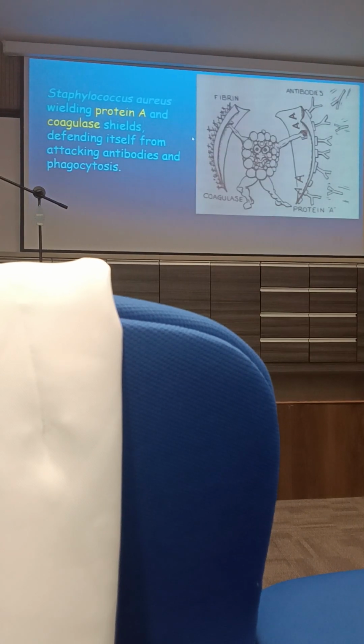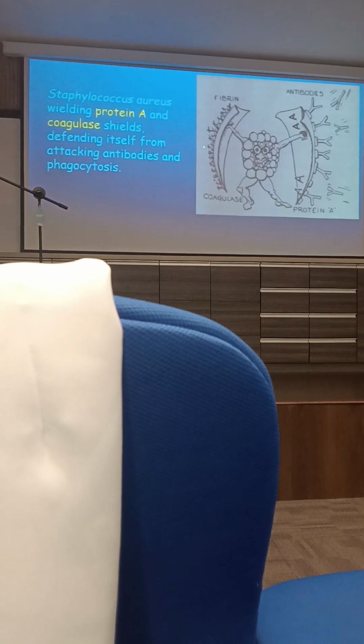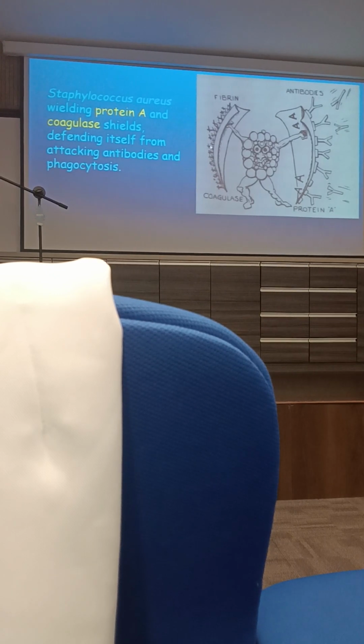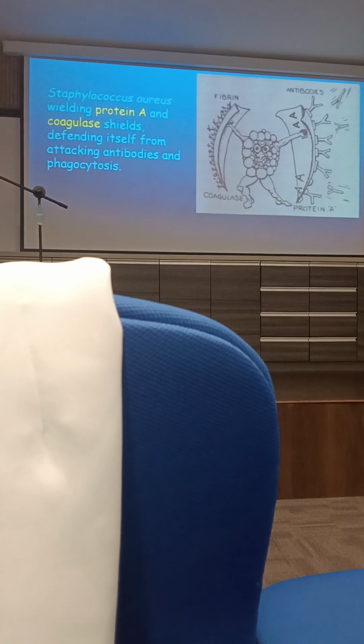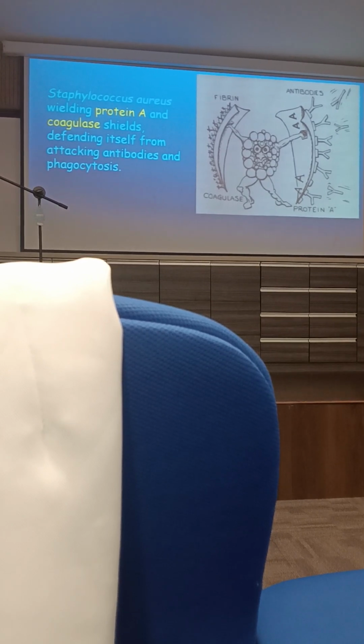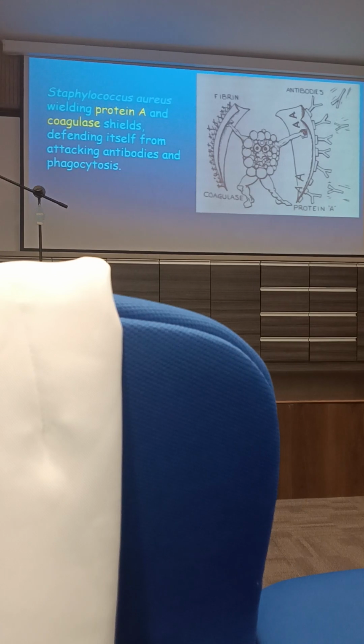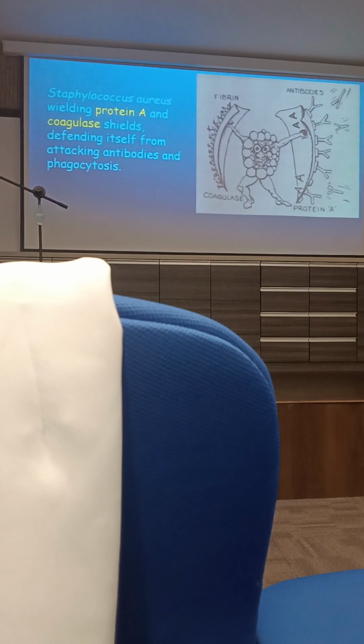Just now we saw only aureus produces coagulase, as compared to epidermidis and saprophyticus. There are three Staphylococcus species, and only aureus among these three produces coagulase.